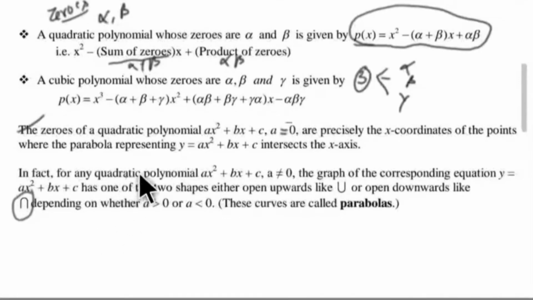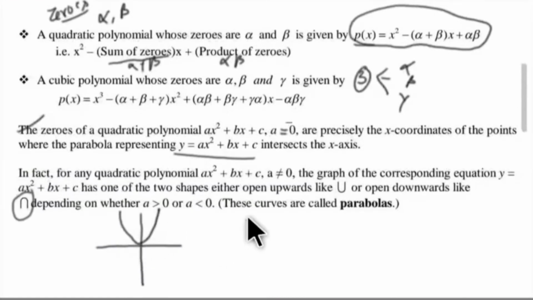That means if you are given any quadratic equation in this form, and you draw the graph, it will be either this type or this type.